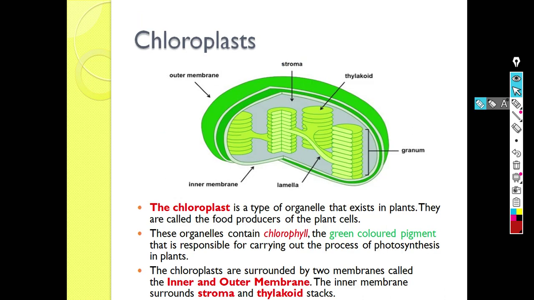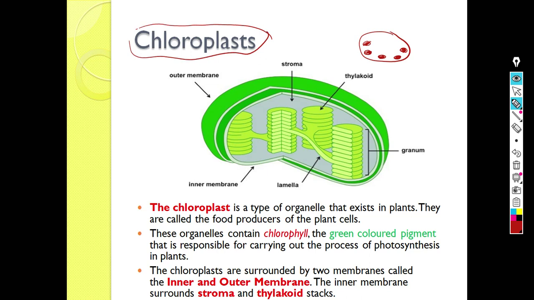Now we are going to study in detail what is the structure of chloroplast. As you have seen in your last pictures, when we showed a plant cell, inside a plant cell you have seen that there are green pigment structures. Okay, what were these? These were chloroplast. Now inside the chloroplast, how does it look?